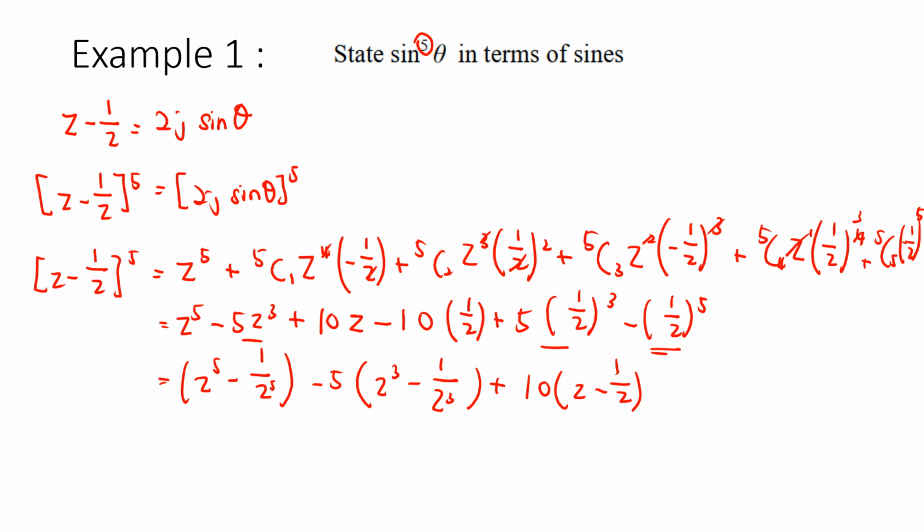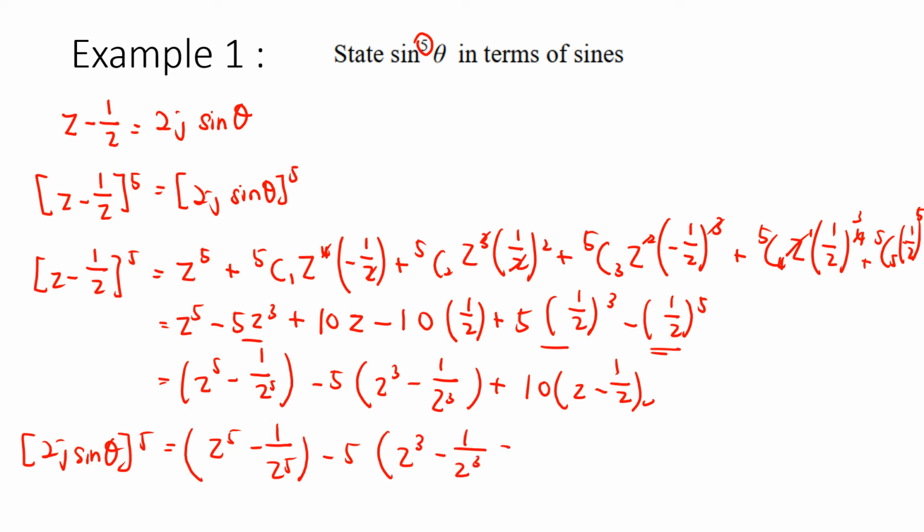You factorize it. The question asks you to find (2j sine theta) power of 5. So you rewrite again: z power of 5 minus 1 over z power of 5, minus 5 times z power of 3 minus 1 over z power of 3, plus 10 times z minus 1 over z.